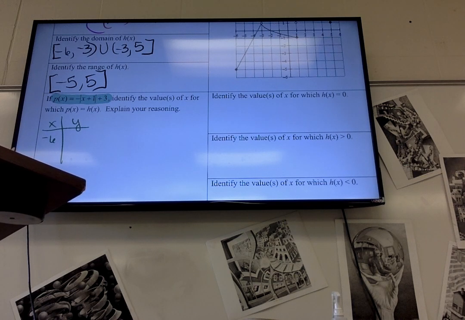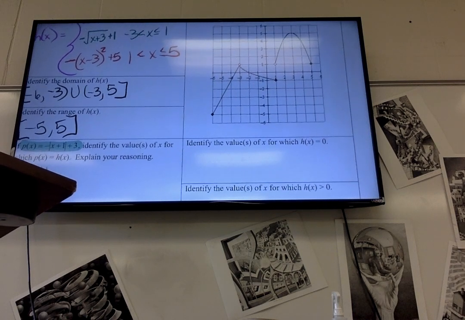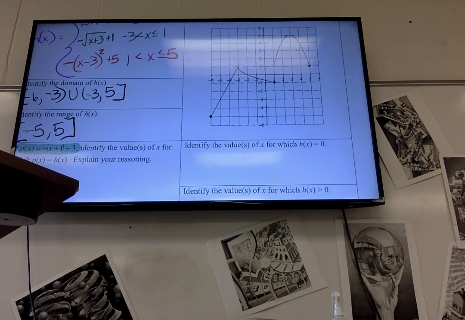I know that -6 plus 1 is -5. I'm just plugging it into that green equation. Absolute value of -5 is 5, but then there's a negative out in front of it, so it's still negative. And -5 plus 3 is -2. So -6, -2. And now I have a dot there.